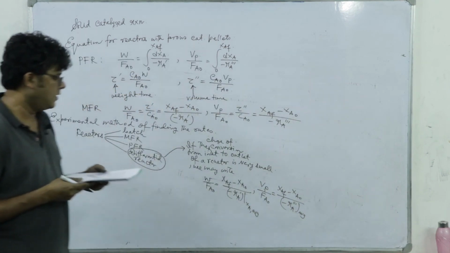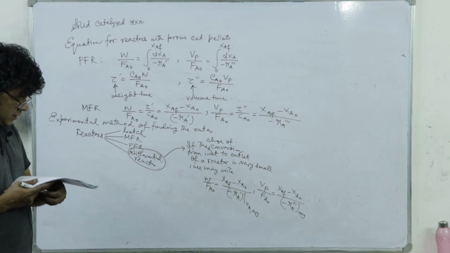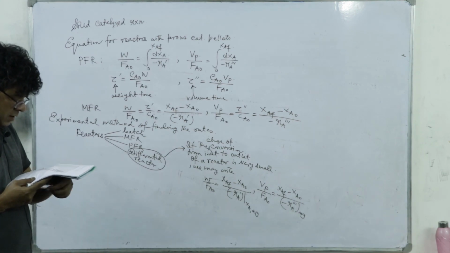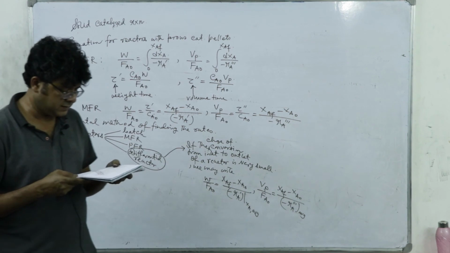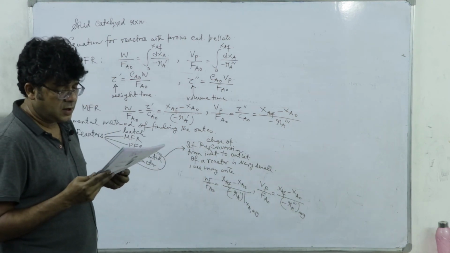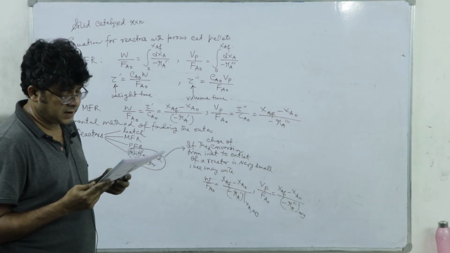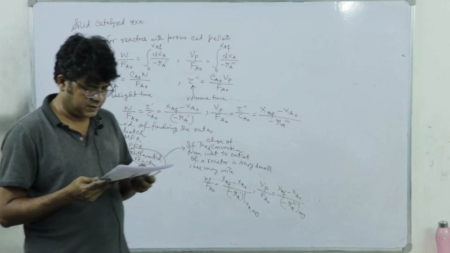So, that is the idea of differential reactor. We have a differential flow reactor when we choose to consider the rate to be constant at all points within the reactor. Since the rate is concentration dependent, this assumption is usually reasonable only for small conversion, right, or a shallow small reactor. So, this is the idea of a differential reactor.